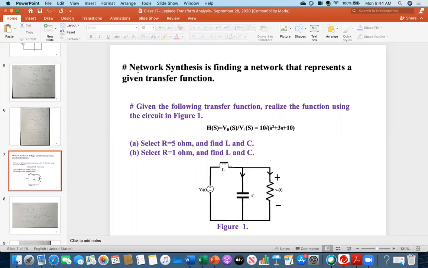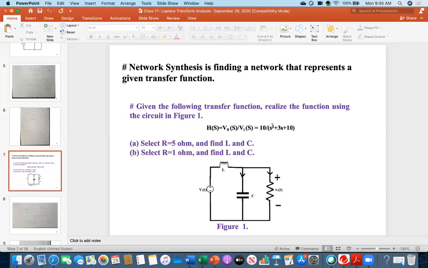That is called network synthesis. Synthesize means like compose. It is decomposed and then you make a composition. That is the meaning of network synthesis. So it is finding a network that represents a given transfer function. It's pretty interesting. And in real life, many times you will face this situation.